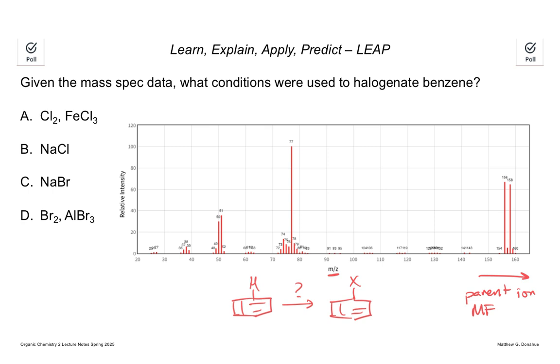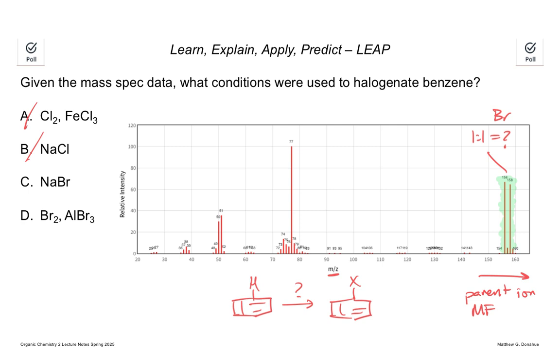So looking at this region here, what can you tell about the signature of those two peaks? So it's a 1-to-1 ratio. And that was which halogen? Bromine. So we can eliminate anything with chlorine.